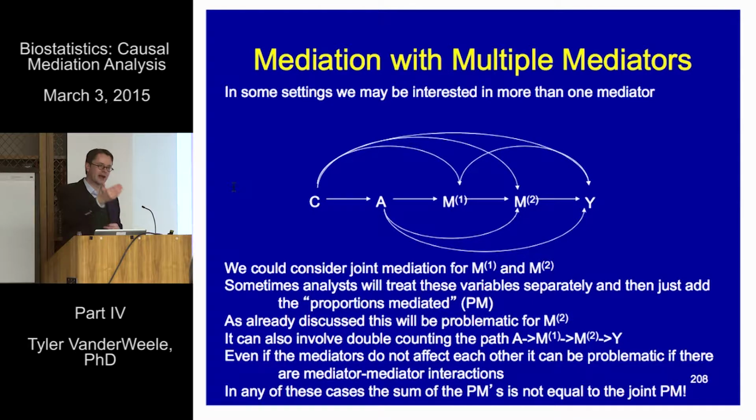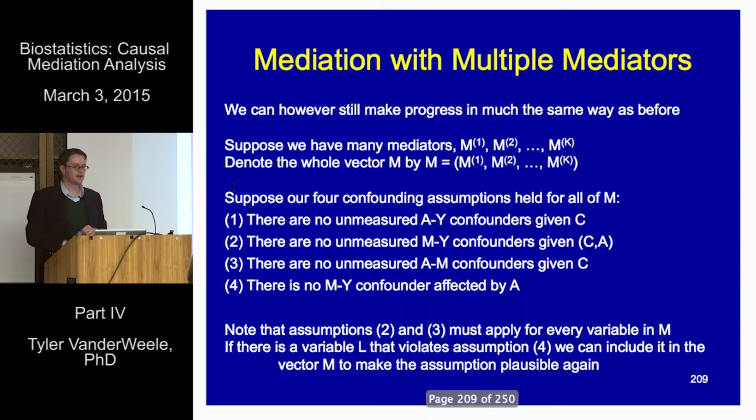Because in the presence of interactions, all it takes is removal of one exposure to eliminate that whole interaction. So if we do them one at a time, we end up getting attributable proportions that sum to much larger than 100%. The same thing can happen with the proportion mediated if we do the mediators one at a time. But instead, we can consider an approach which takes all of the mediators together jointly at the same time.